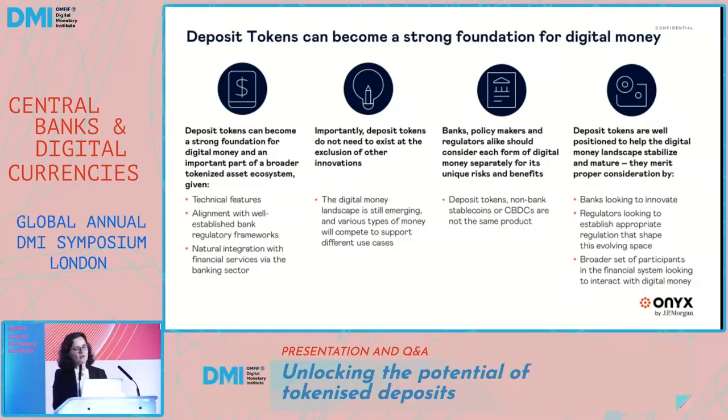So, all in all, when we wrote our paper, our intention was to elevate the awareness and the need for commercial bank money to be represented on blockchain and for its own unique features and characteristics. I think across the different types of digital forms of money, when we compare CBDCs, stablecoins, and commercial bank tokens, we need to make sure they are looked at for their specific characteristics and their specific setup.